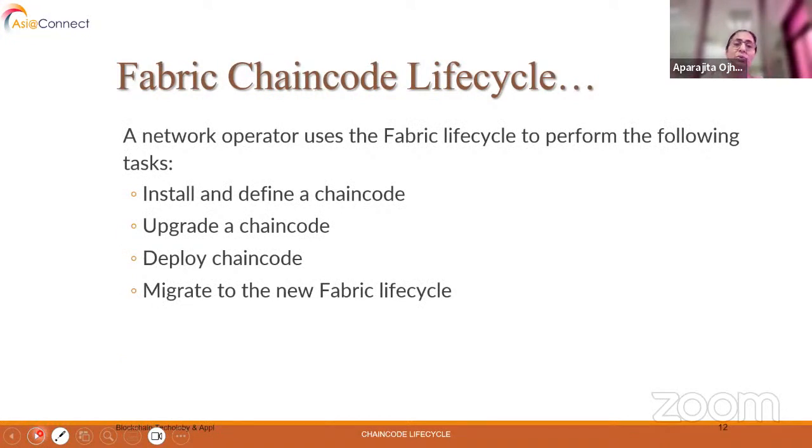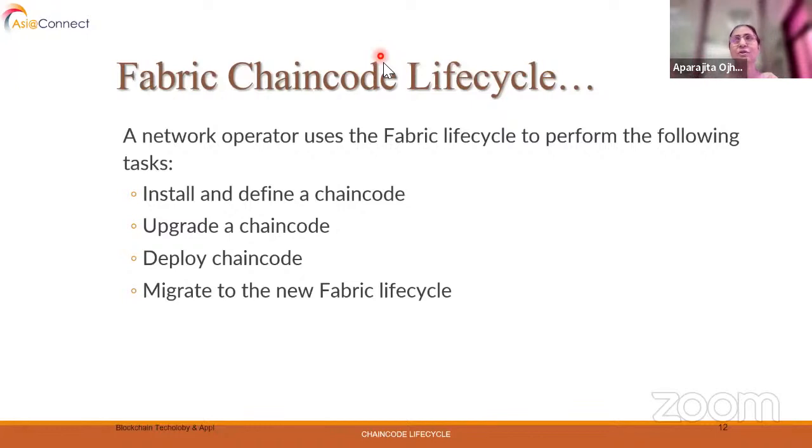So a network operator uses the fabric lifecycle to perform these 4 tasks. What are these tasks? First of all, install and define a chain code, which is very important. Upgrade a chain code whenever you need to upgrade. Now, unlike the previous smart contract, which was like a hardware device on a live network, which could not be changed, the only thing is that you need to bring a new smart contract and make the previous smart contract obsolete, right?